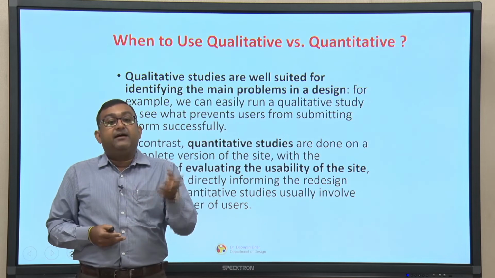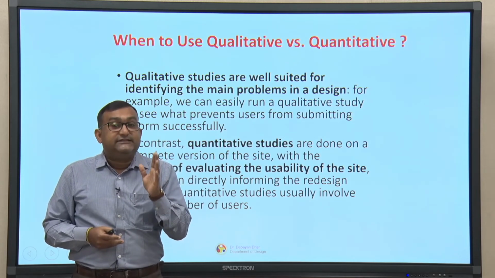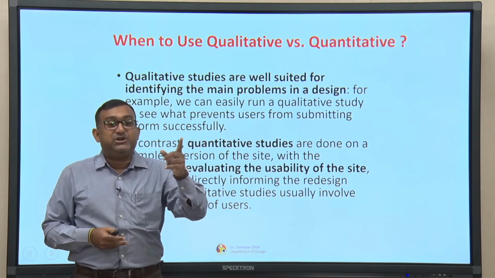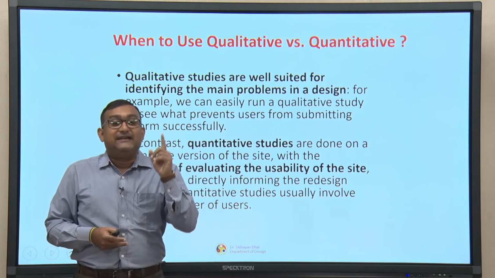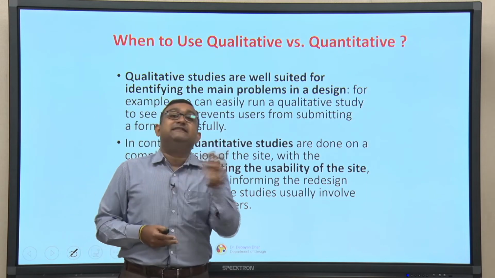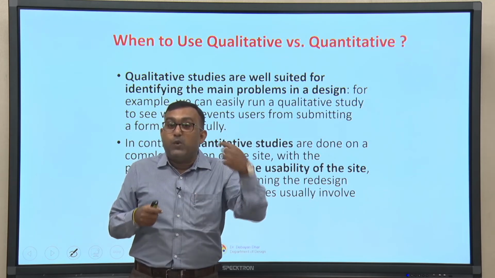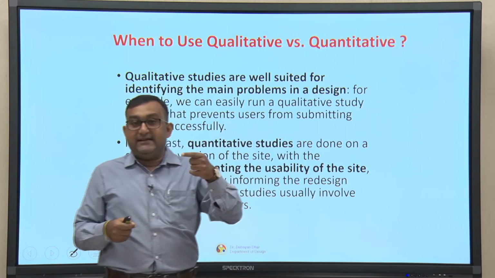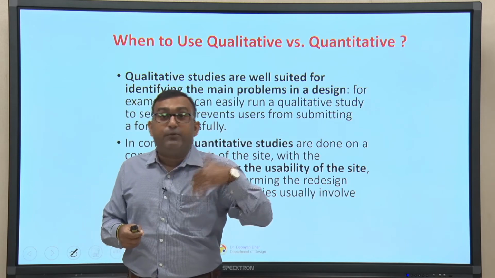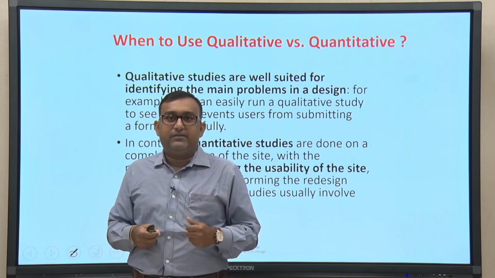And these are not just about identifying the issue, rather directly informing the redesign process. They help the designer understand whether the redesign is significantly improving these metrics or not.